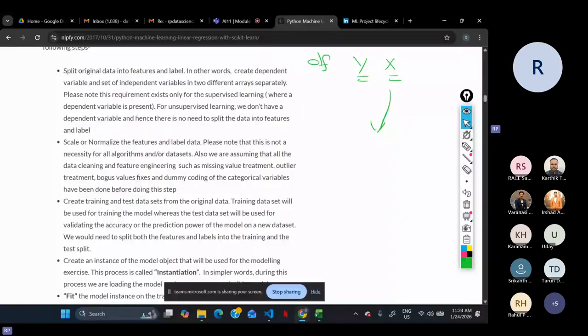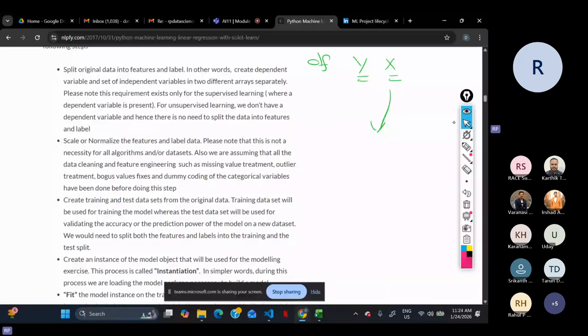Then you take your X, you scale it, normalize it. So over here, you take your X's to the scaling and the normalization, and you'll basically get your X standardized or X normalized. And then once you've done your standardization, you do your training and test split.